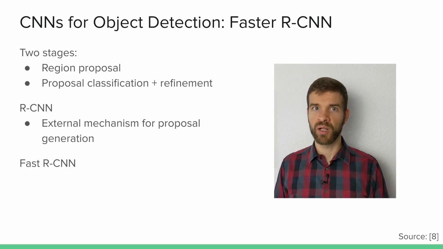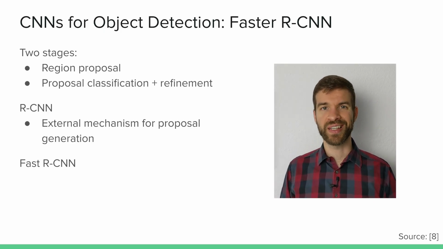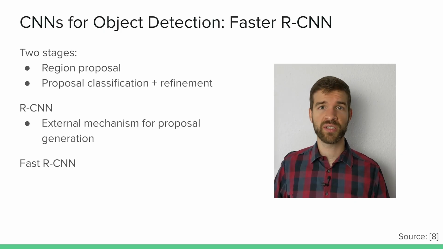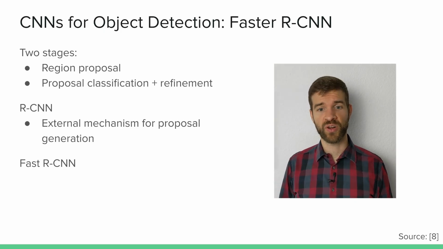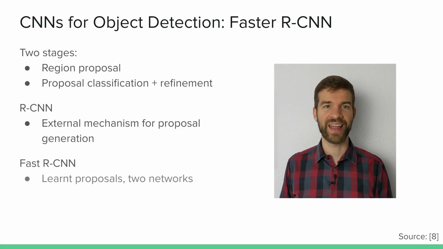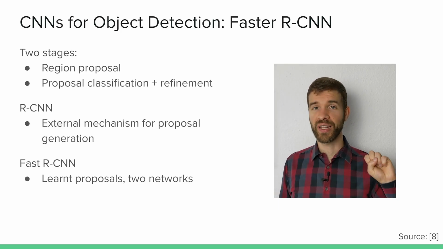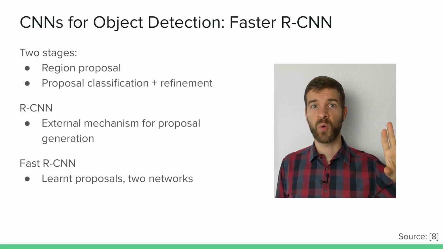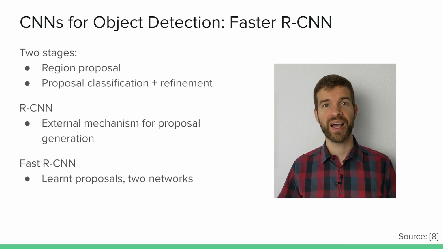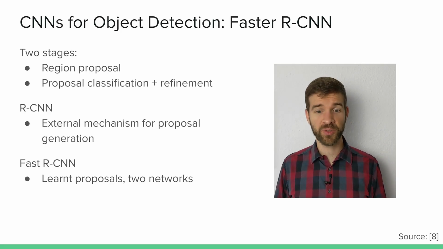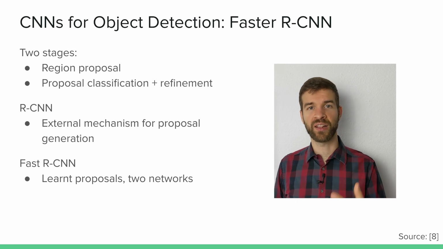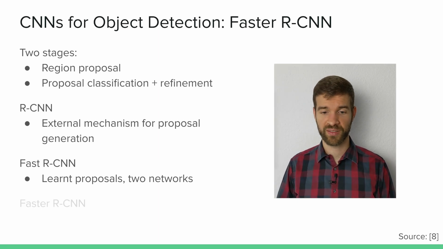And it turned out that, well, it might not be a good idea to use an external mechanism to generate this. Why not learn to extract meaningful region proposals? And that was fast RCNN, which had the idea of, okay, let's learn where to look and then learn how to classify that. So we had two networks that learned the proposals and learned the classification and refinement.